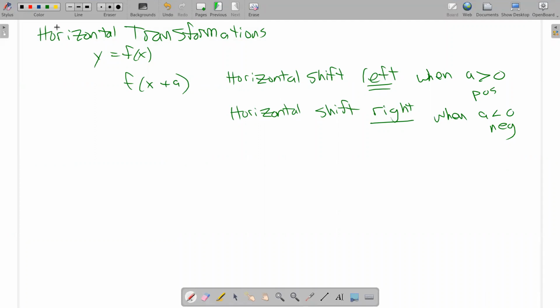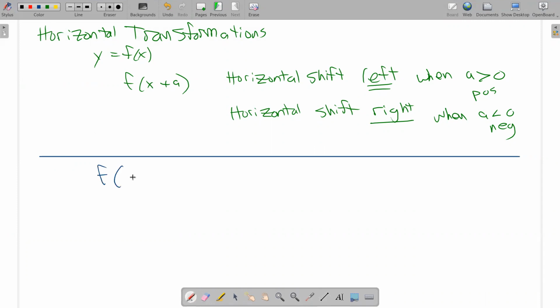Now, another thing I can do in there is multiply x by something. That would be a different kind of effect. So instead, what if we look at something like f of a times x? What's going to happen there? Well, it's going to depend on whether a is positive or negative, whether a is a fraction or a is bigger than 1.